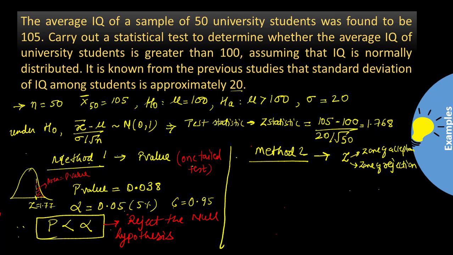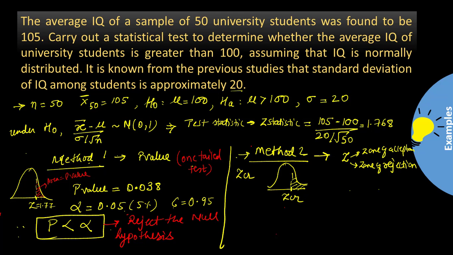Now coming back to method 2, here we have to calculate the critical Z. What is the meaning of critical Z? Critical Z is the Z score such that the probability of extreme value is equal to the level of significance. It represents a certain critical value and the probability of extreme data beyond this point.